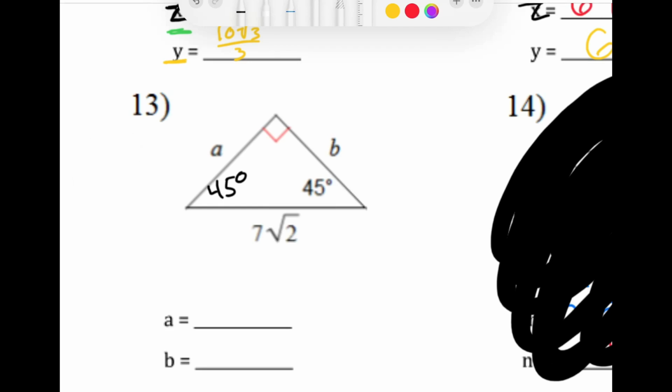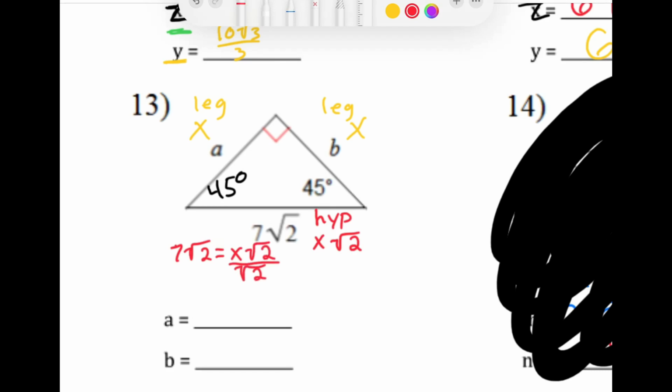So we're going to identify our different sides and our ratios. We have a leg of the right triangle, another leg of the right triangle, and these are going to be our x's. And then our hypotenuse is represented by x times the square root of 2. We're just given our hypotenuse, so we're going to take our hypotenuse value and set it equal to the ratio and find x.